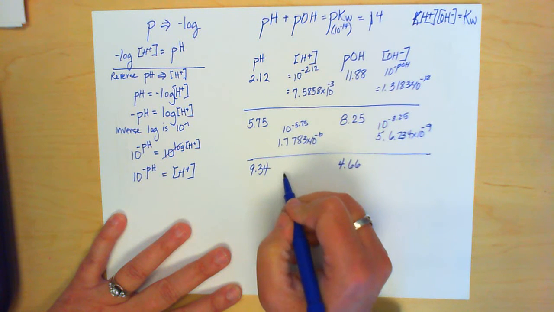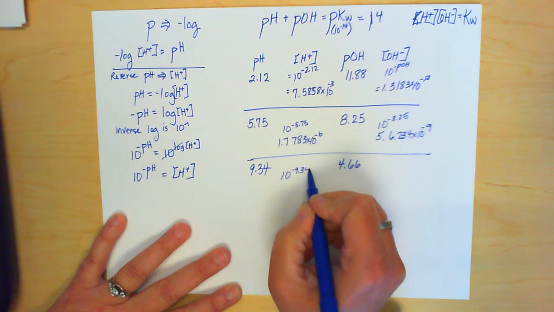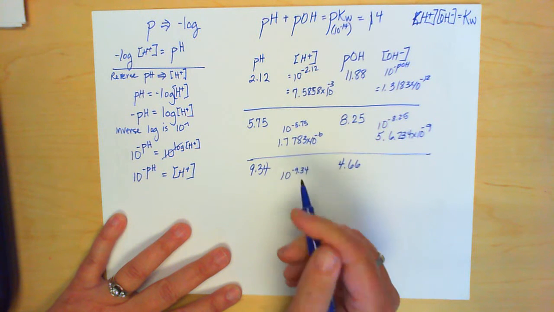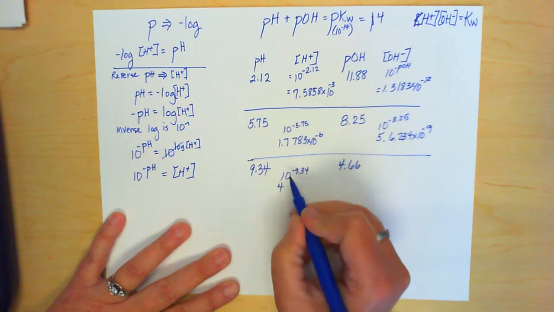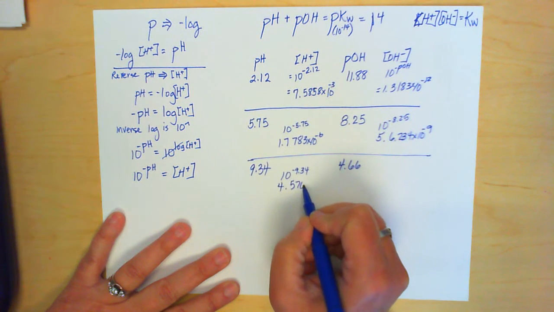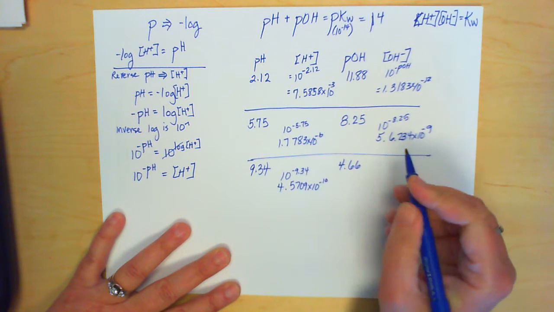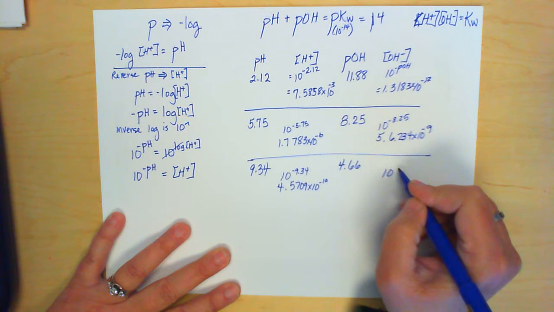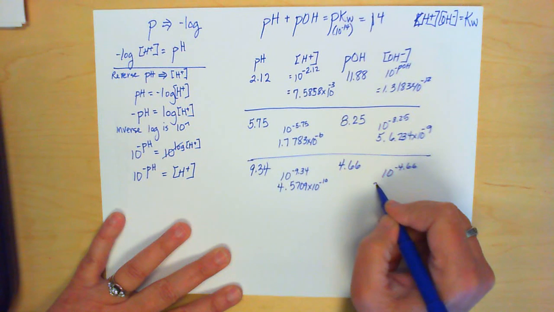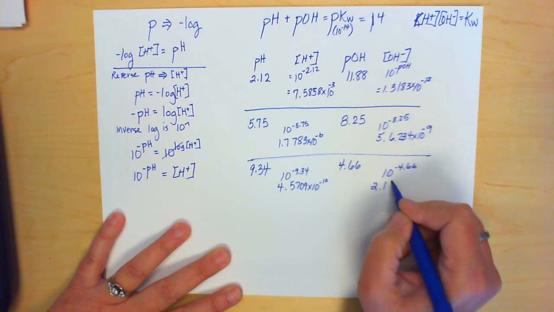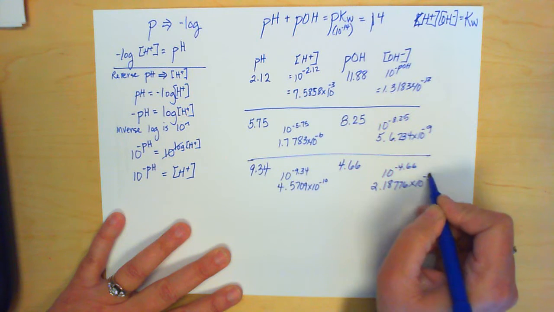To find the hydronium ion concentration, it is 10 to the negative 9.34, and that's 4.5709 times 10 to the minus 10. The hydroxide concentration, 10 to the minus 4.66, is equal to 2.18776 times 10 to the minus 5th.